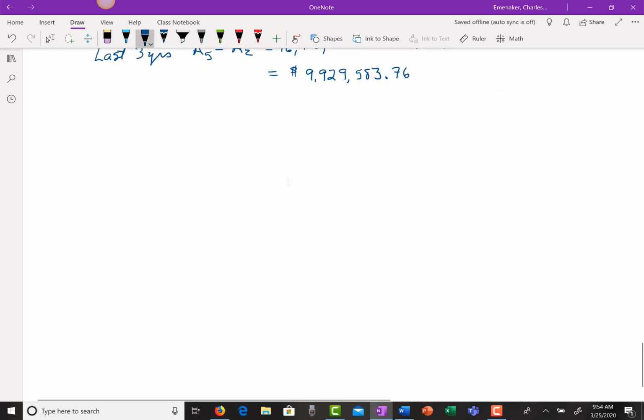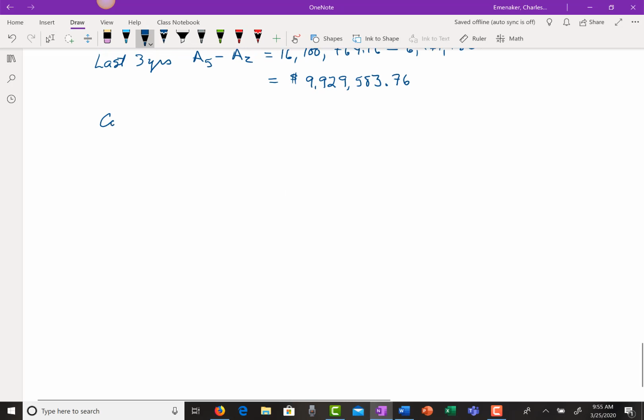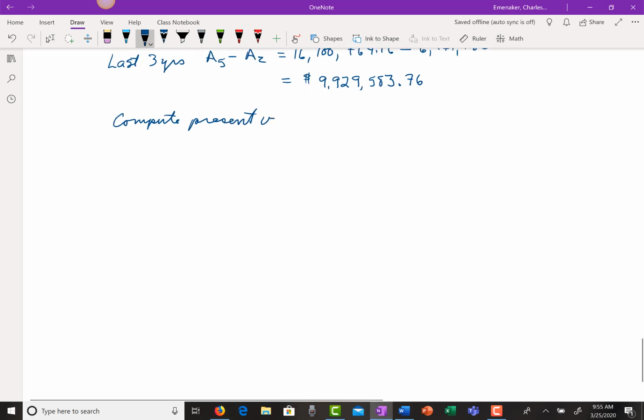What we want to do is compute a present value for this amount. And remember, this is what it will grow to in 3 years. So we're going to say the amount that we want in the future is equal to some amount that's paid now, times e to the rt.